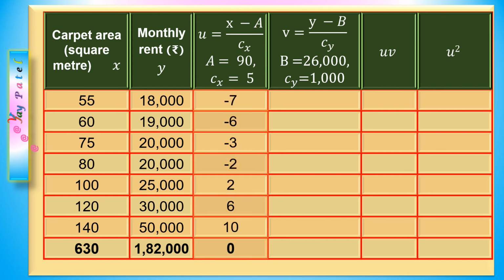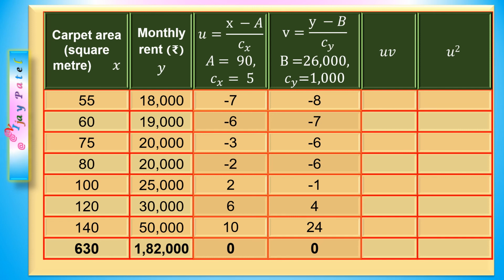So we'll get minus 7, minus 6, minus 3, minus 2, 5... rather: minus 7, minus 6, minus 3, 5, minus 2, 2, 6 and 10. Total is 0 because here we have taken the value of a as 90. So the total of column u always becomes 0, because the a we have taken is the same as x bar. If we find the values of v, we get minus 8, minus 7, minus 6, minus 6, minus 1, 4 and 24. Its total will also be 0 because we have taken the value of b as y bar.